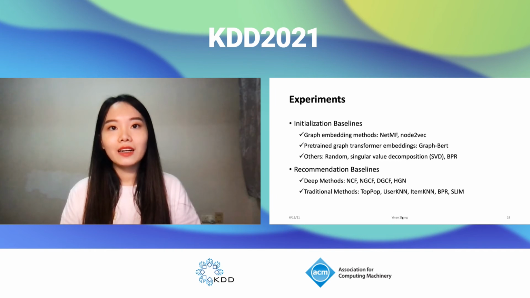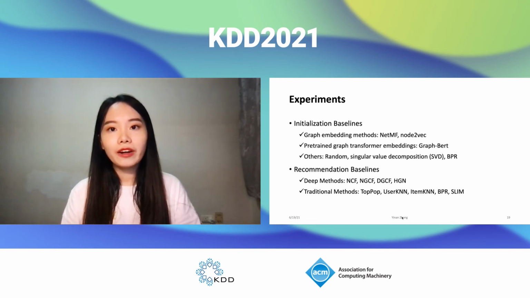We select a comprehensive list of initialization methods, including graph embedding methods, pre-trained graph transformer embeddings, random initialization, SVD, and pre-trained embeddings from BPR. We then apply different initializations to deep recommendation models, including NCF, NGCF, DGCF, and HGN.